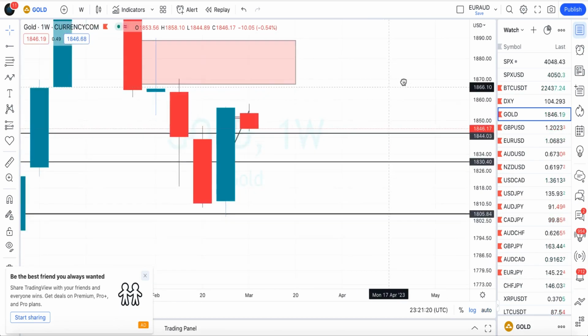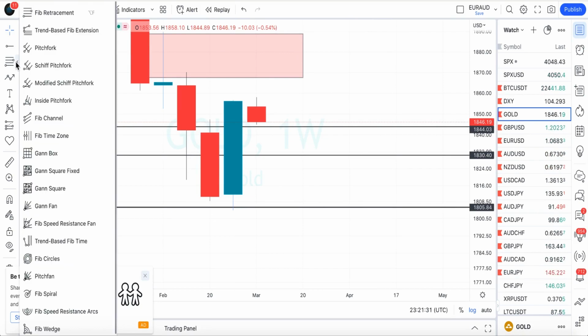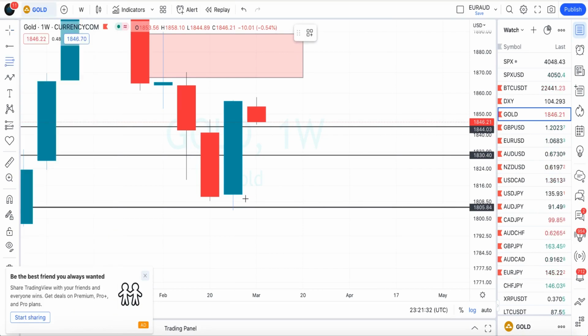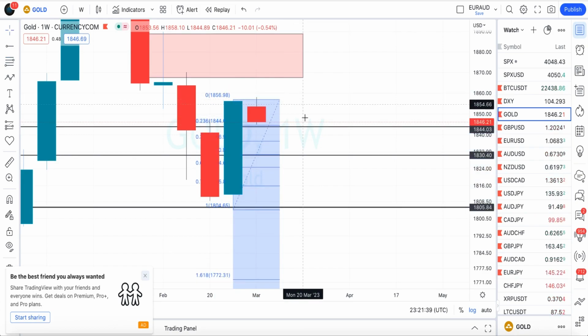So this is what I eventually drop using the Fibonacci retracement, that we might see a bounce at the first take profit at 1844.03. Then the second take profit at 1830.